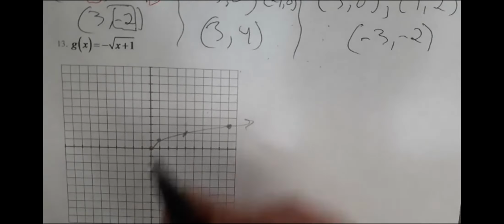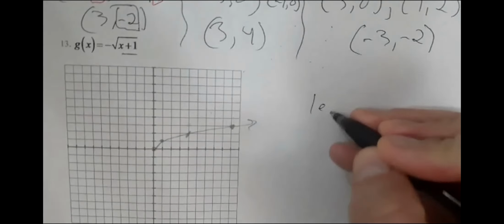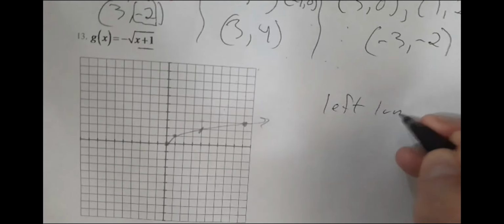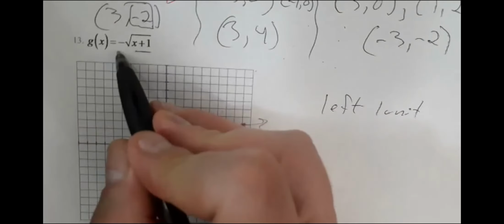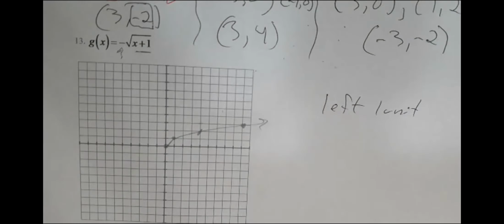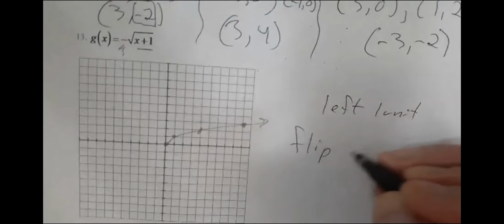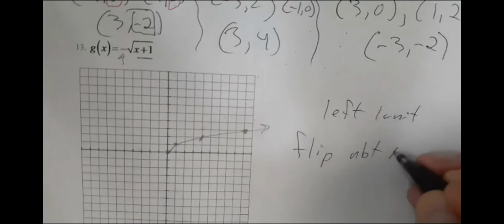Now I'm looking at the shifts. What does this thing do? This thing moves it left 1 unit. What does this thing do? That's on the outside. That's going to flip my y values. It's going to flip my y values about the x-axis.